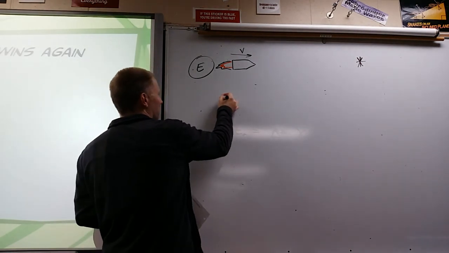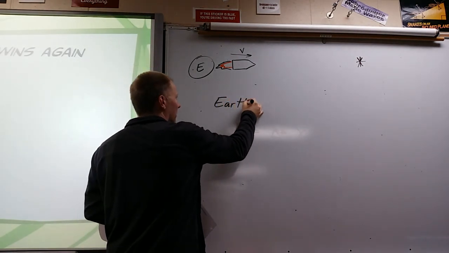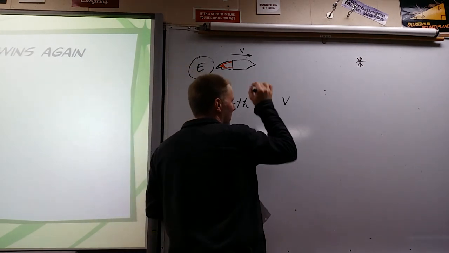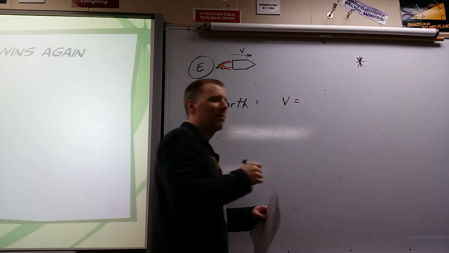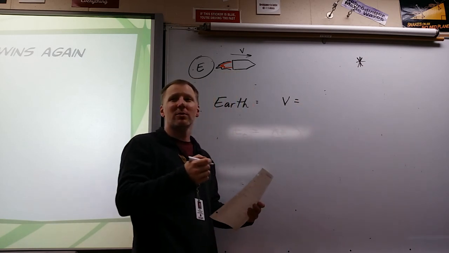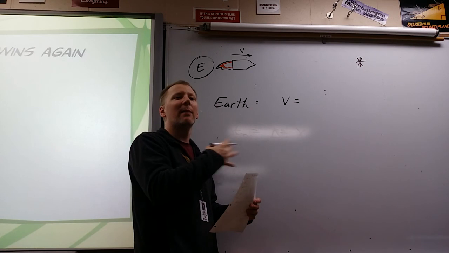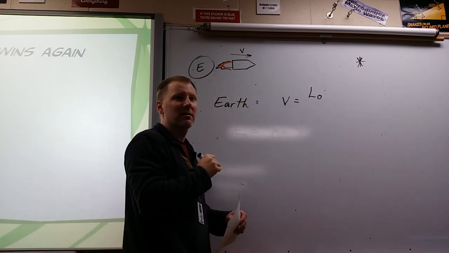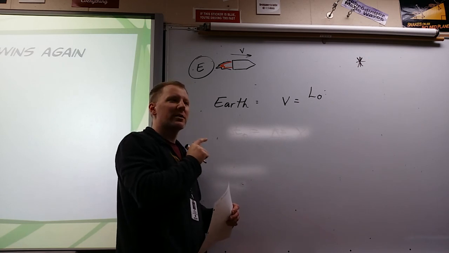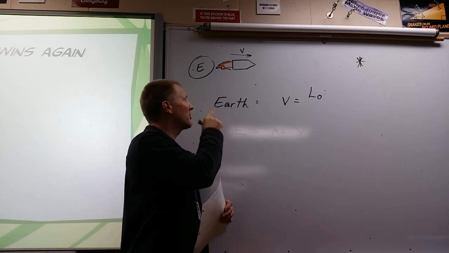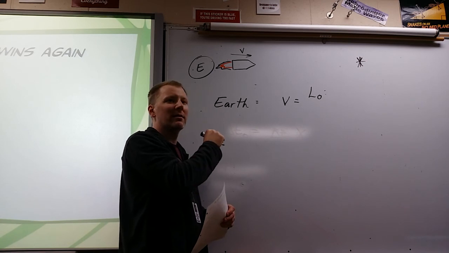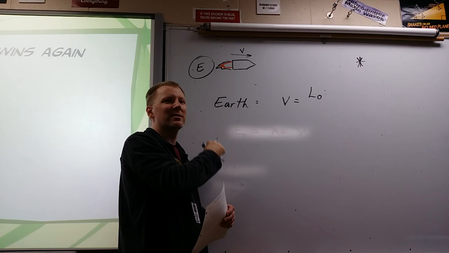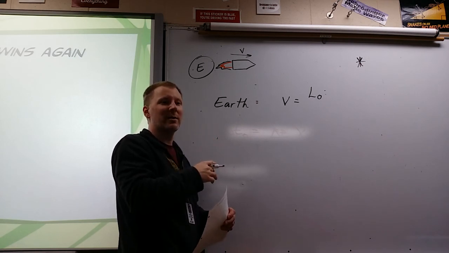So an Earth observer would say that that velocity is equal to some length, and this is an actual length by an observer not moving relative to it. So we're going to use our not again. The person on Earth measuring the distance between Earth and the star is not moving relative to Earth and the star. And that always means that you get the proper measurement.